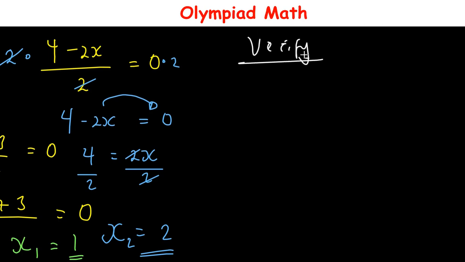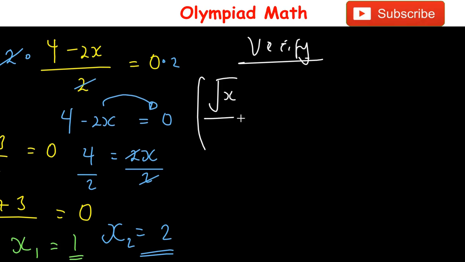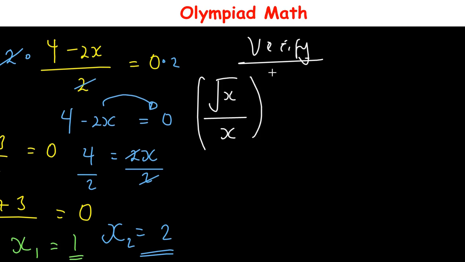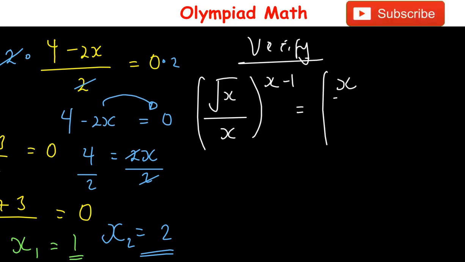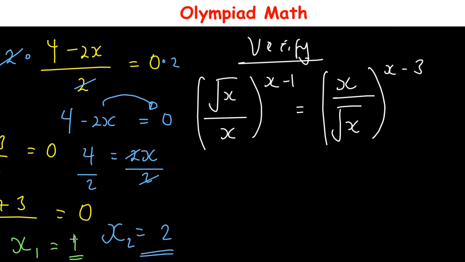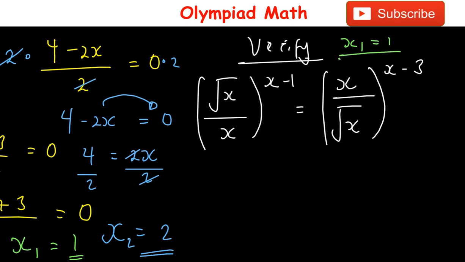Verify. Now we have the given question: in brackets, the square root of x divided by x, all raised to power x minus 1, equals, in brackets, x over the square root of x, all raised to power x minus 3. So for the first value of x, that x1 is equal to 1, we are going to input x as 1 into this equation.